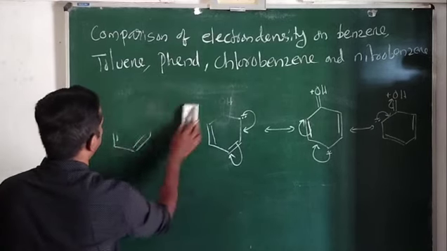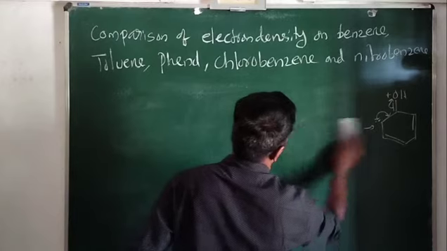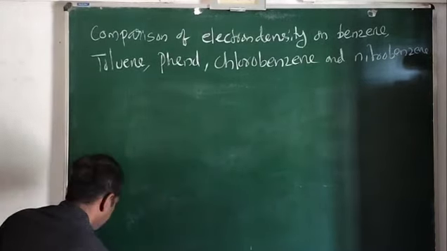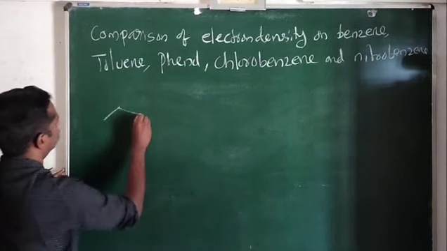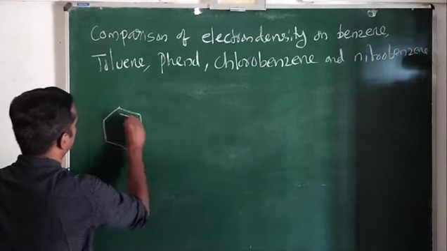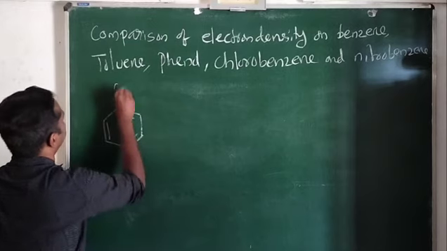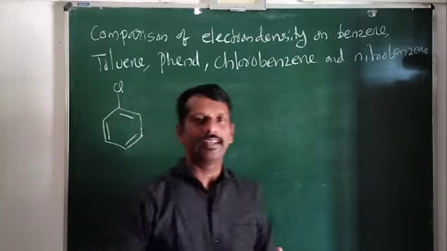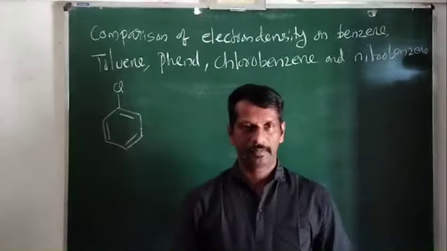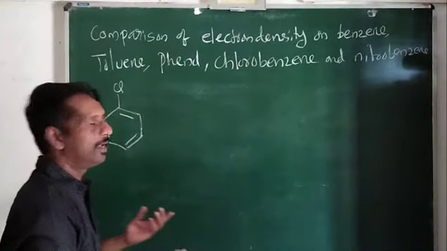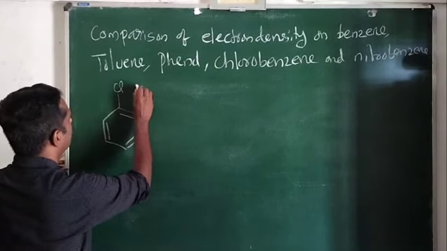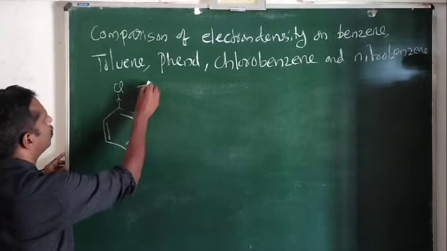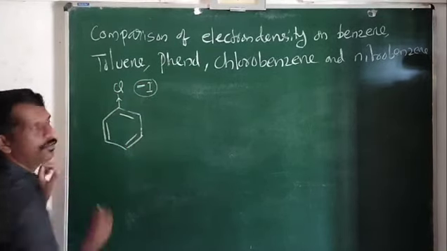chlorobenzene. Again, we know that chlorine is an electron withdrawing group, that means of course we are expecting a minus I effect, and it is there.